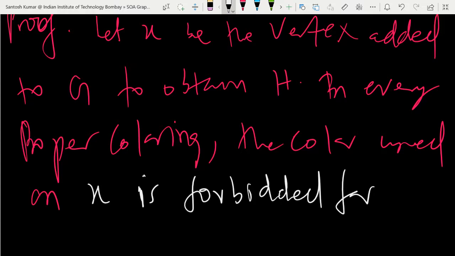As I said, if G has n vertices, then H will have n plus 1. Whatever color you take for X will not be taken for any other vertex of H, because X is adjacent to all other vertices.